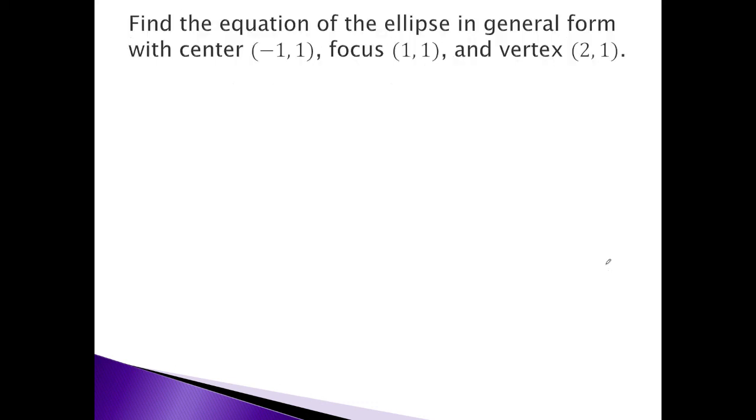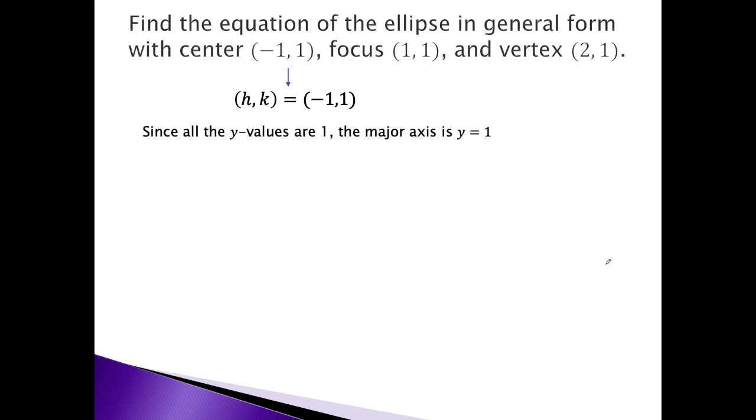Find the equation of the ellipse in general form given the center, the focus, and the vertex. So given the center, that tells us that HK is negative 1, 1. Since all the y values are 1, we know that our major axis is y equals 1.